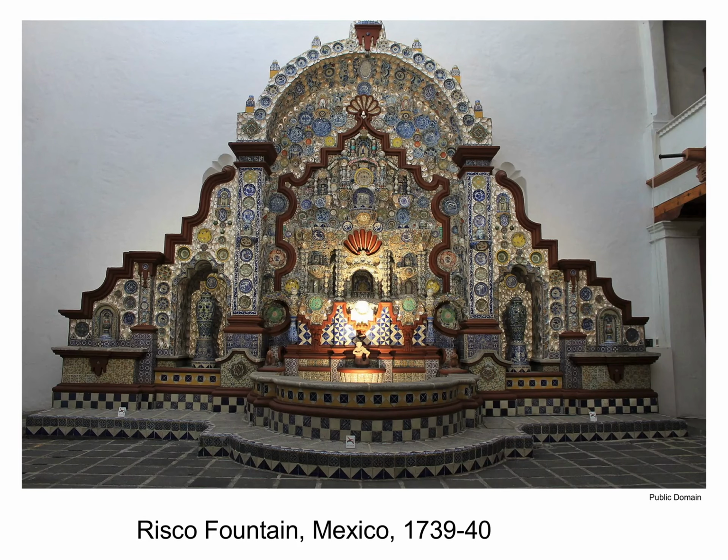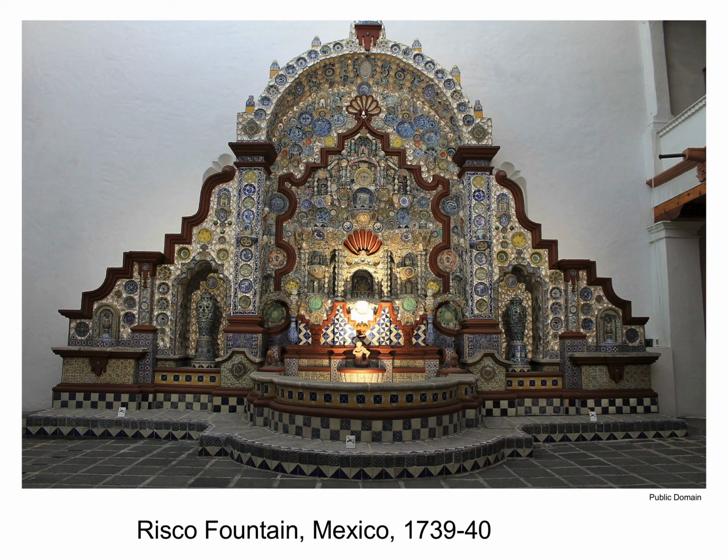One of my favorite ceramic architectural works is the Risco Fountain in Mexico City. It dates from 1739-40, and it is entirely made out of ceramics that come mostly from Asia, from China and Japan, that were brought to Mexico to be transferred across the country and then brought to Europe later.